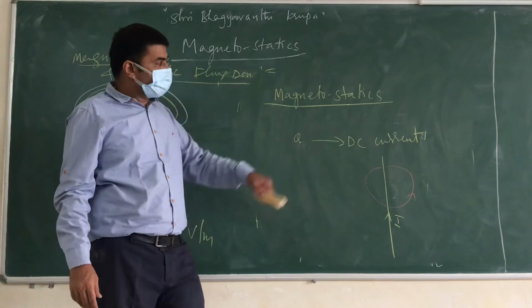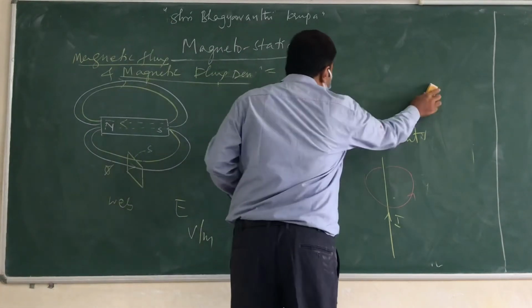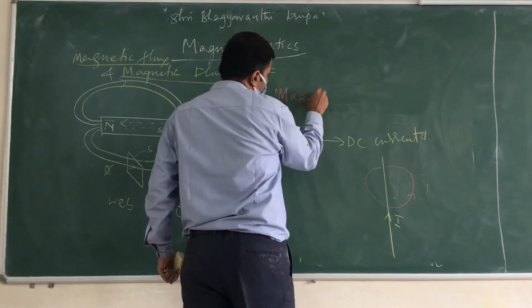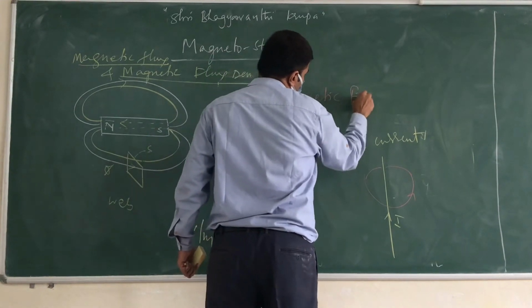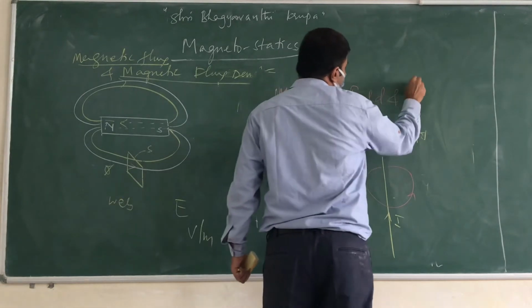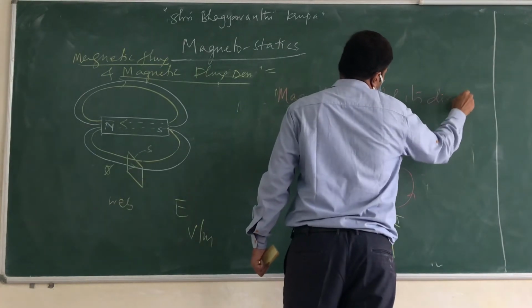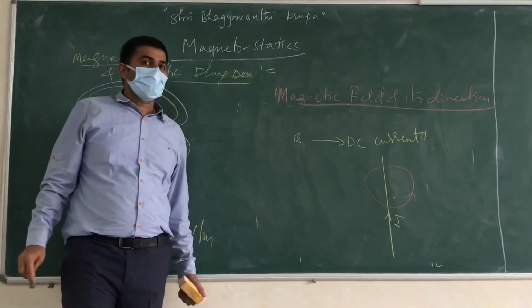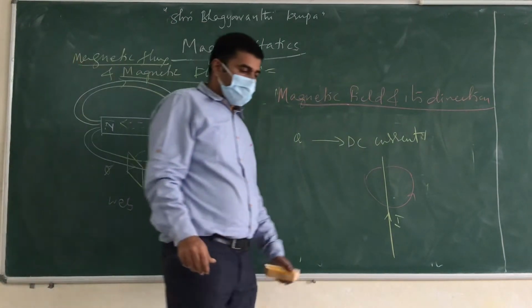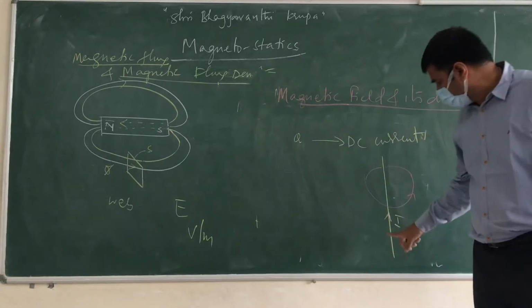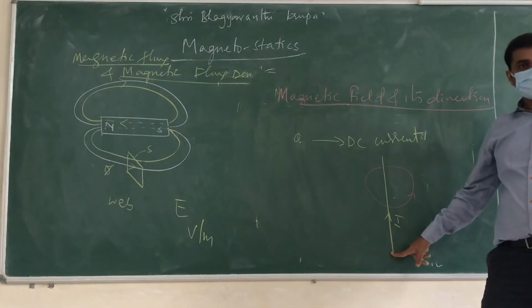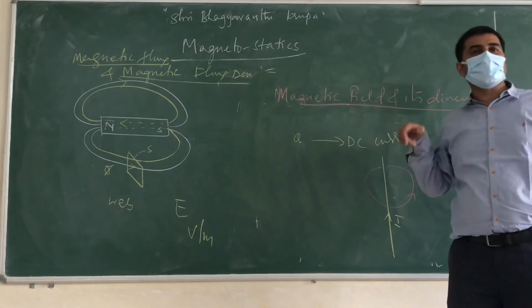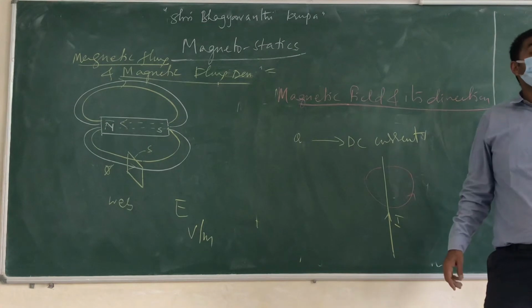Right. Next point, magnetic field and its direction. See, this is a conductor. Current is flowing like this, and around this a magnetic field will be created. Is that a time varying magnetic field or static magnetic field?